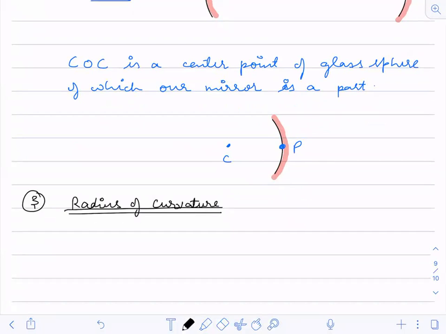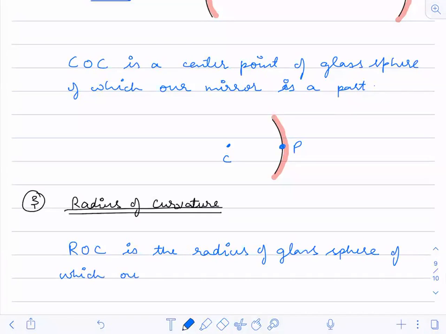So I'm writing ROC, radius of curvature, is the radius of the glass sphere of which our mirror is a part.